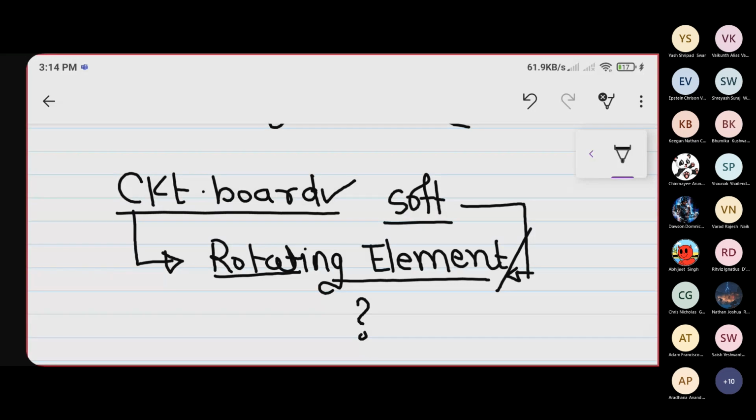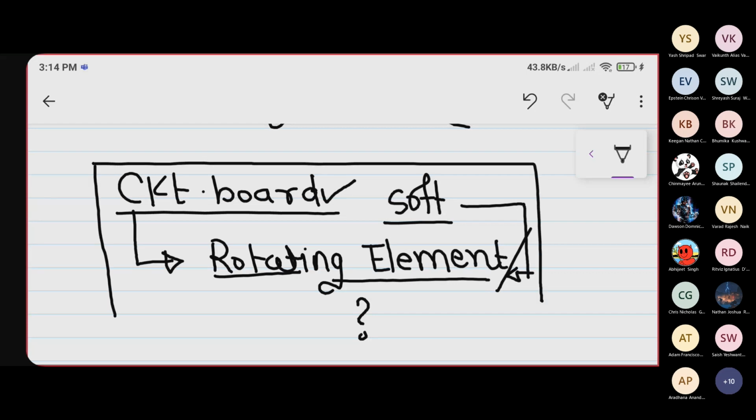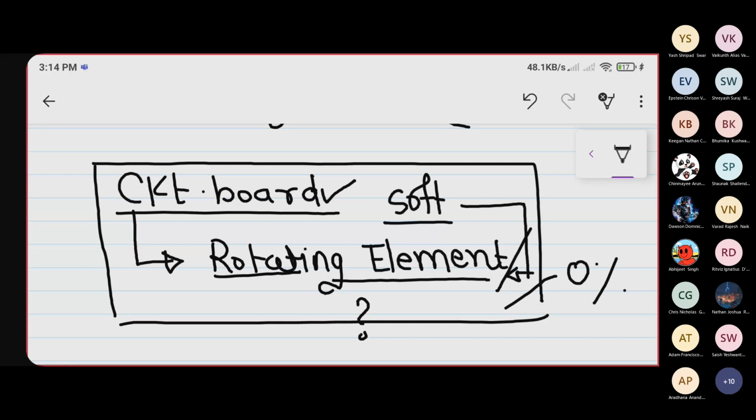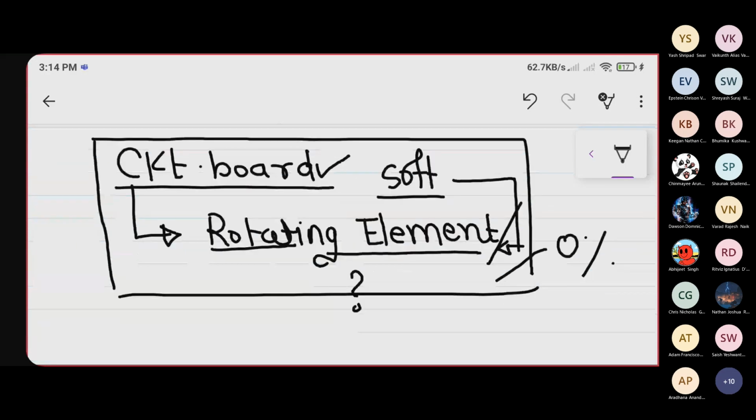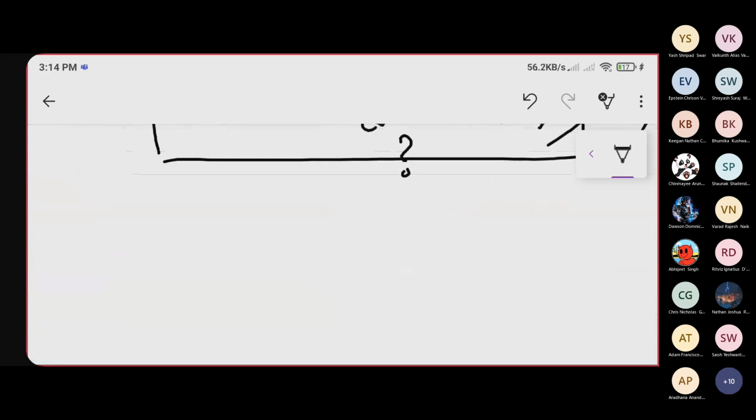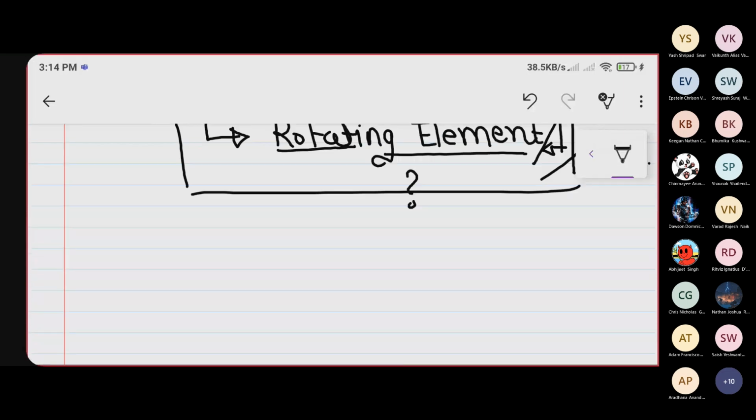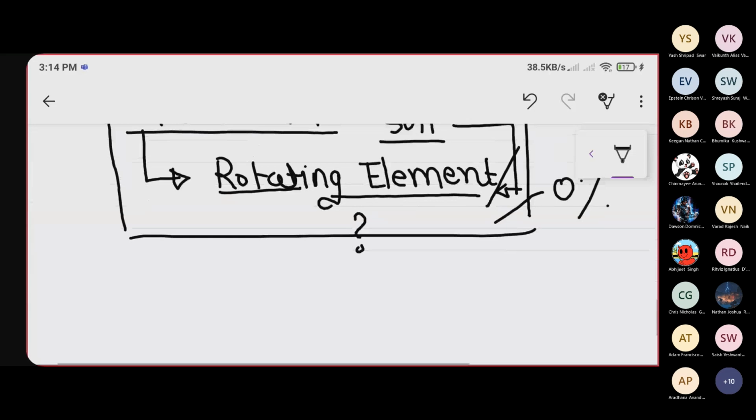If you don't know that, then your whole work will be of zero use, right? Second, we'll see one by one. That is all about electronics.